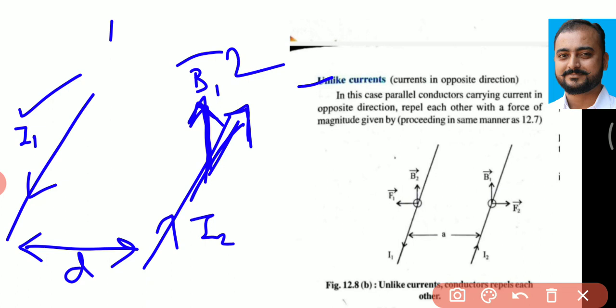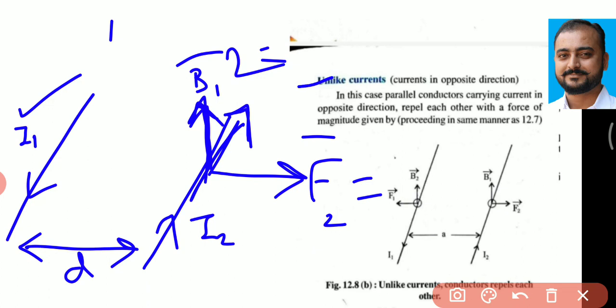Again for that you have to apply Fleming's left hand rule, and according to that the direction should be like this, due to the second conductor, and so it is F2. Now again the same procedure you have to follow. You can write the magnitude of all these, B1 as well as F2.